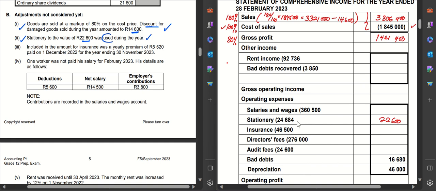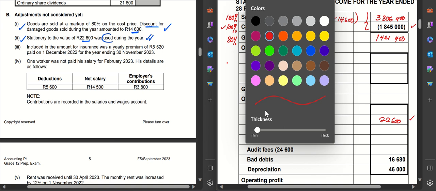Therefore, the difference between these two is what is on hand. So if you say 24,684 minus the 22,600, therefore the difference is 2,084. That is what is on hand. Once we are given the used, therefore the difference becomes on hand.